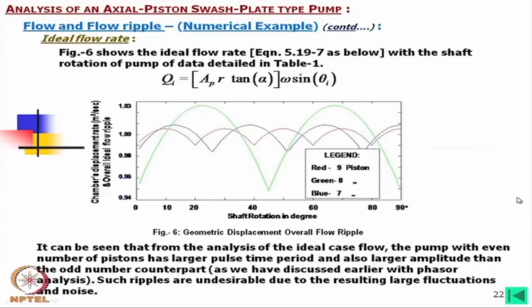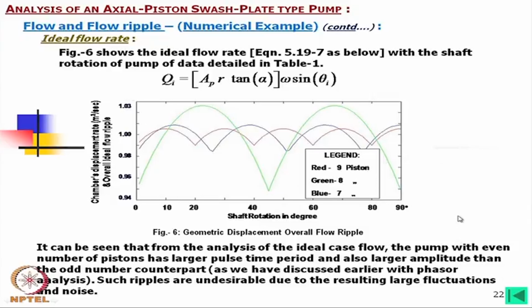Now, this we have already shown that in case of even pistons this will be higher by the normal phasor equations. Here actually we have used the actual equation to plot the flow, and then we have shown what will be the ripple.